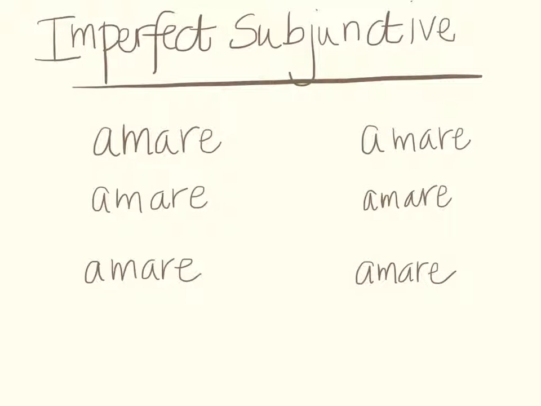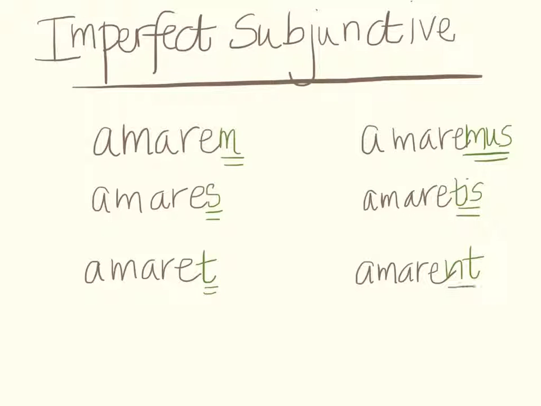To our base, we're going to add our personal endings, m, s, t, mus, tis, nt. For the time being, because we're just going to learn about subjunctive uses in cum clauses, when you see an imperfect subjunctive like this, you're going to translate it as I, if it was amarem, or s, you, or t, he, was blanking. So I was loving.